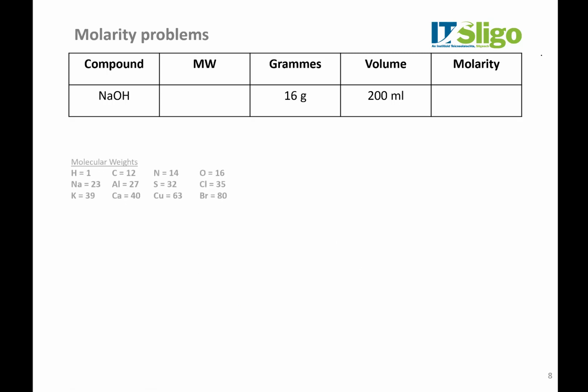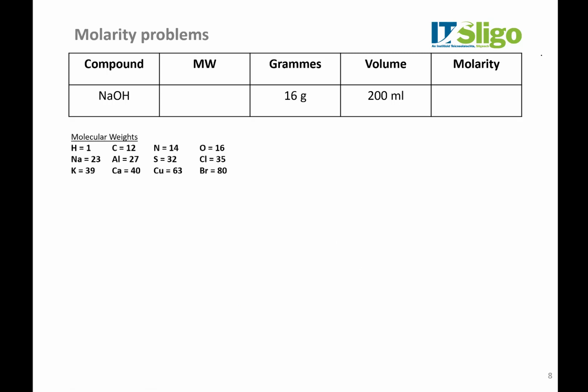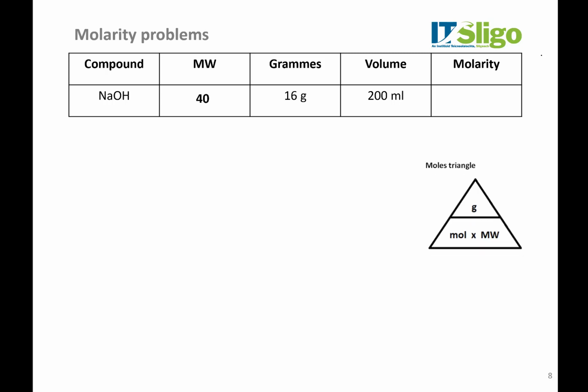So NaOH, sodium hydroxide, that's got a molecular weight of 40, guys. I won't spend ages working that out. Now we want to find the number of moles. We have molecular weight, we have grams, so we can find the moles.